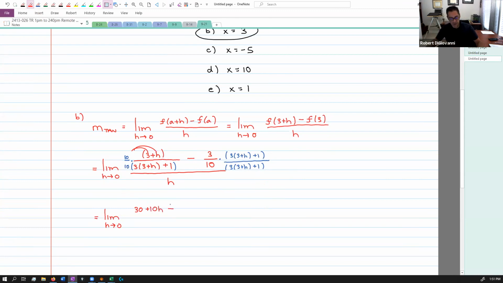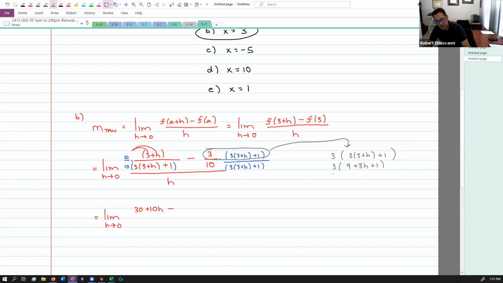Then minus, okay, I'd like to figure out what all this is over here, and then I'll bring it back in. So I have 3 times 3 times 3 plus h, plus 1. I'm going to do everything in the parentheses first. I'm going to distribute that 3 through, so I get 9 plus 3h plus 1.